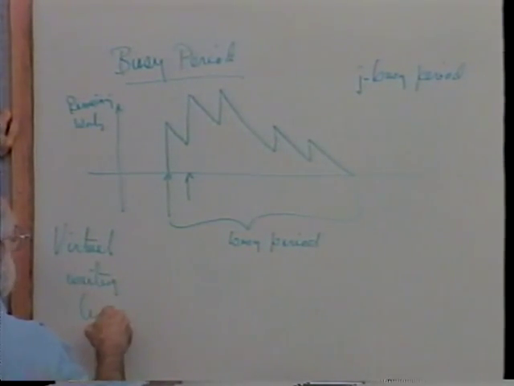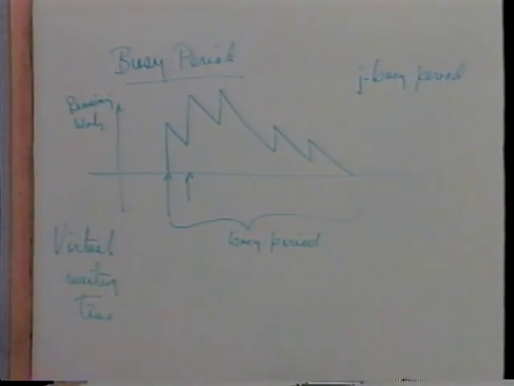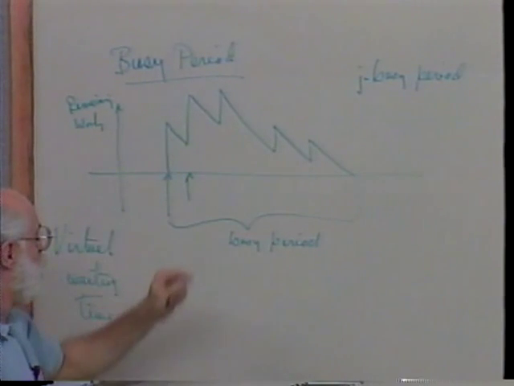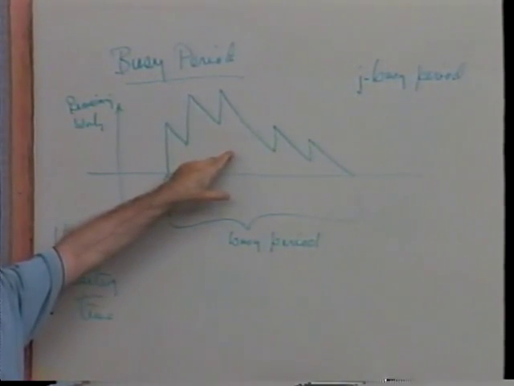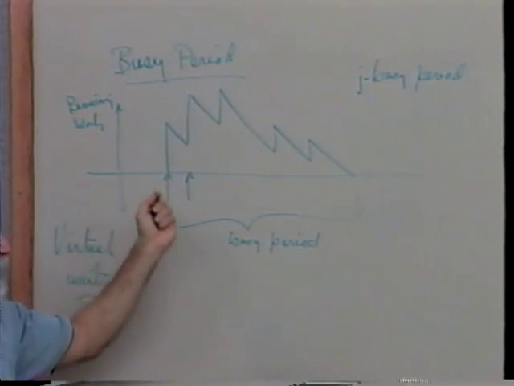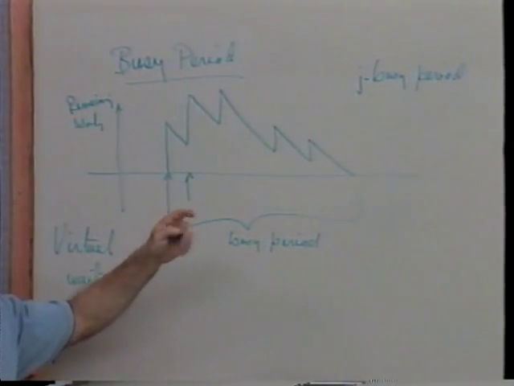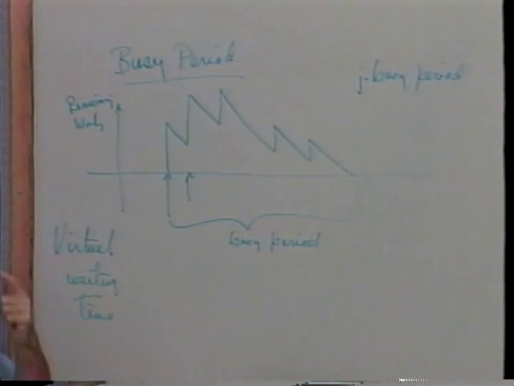Virtual means not real, or not literal. Now, suppose this is an M/G/1 queue with FIFO. Remember, I haven't said what the order of service is, because that doesn't matter. That doesn't affect the amount of work. It only affects the identities of the individual customers. But suppose that I have first come, first served service, or FIFO, first in, first out.